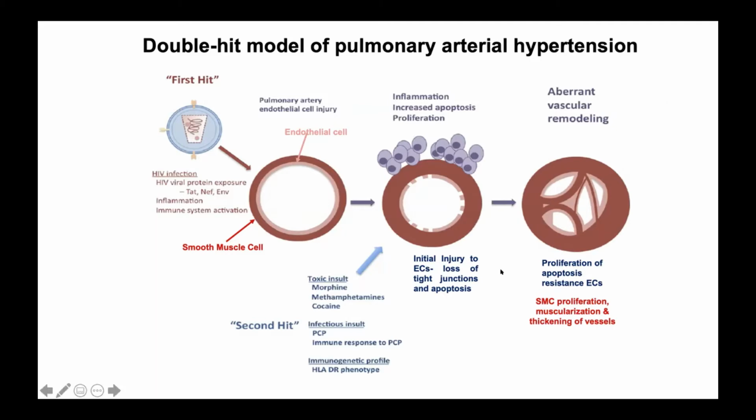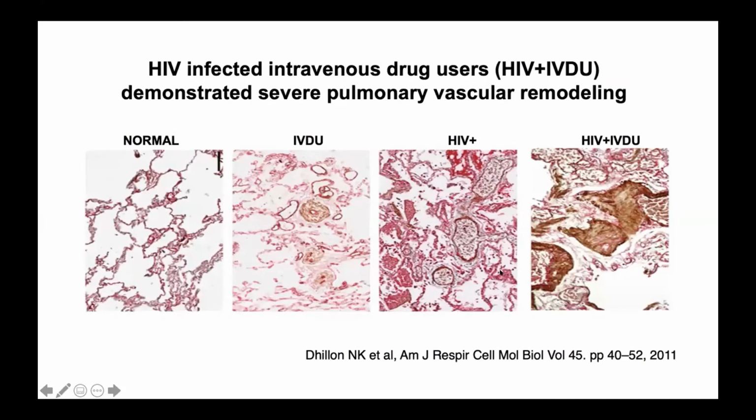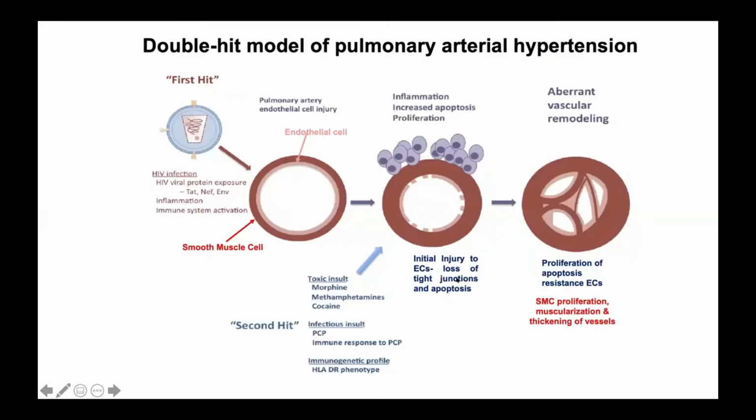Then slowly, some of the apoptosis-undergoing endothelial cells become apoptosis resistant, and the proliferation of those apoptosis resistant endothelial cells happens, which is also accompanied by smooth muscle cell proliferation and vascular thickening, finally leading to the formation of plexiform lesions or severe occlusion of pulmonary vessels.